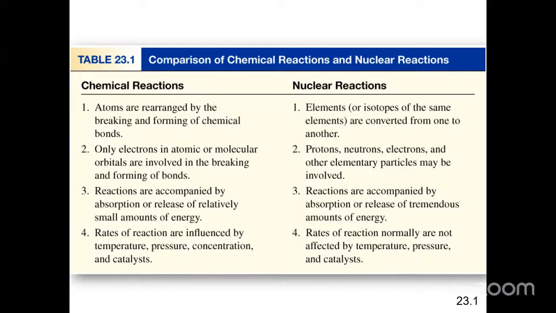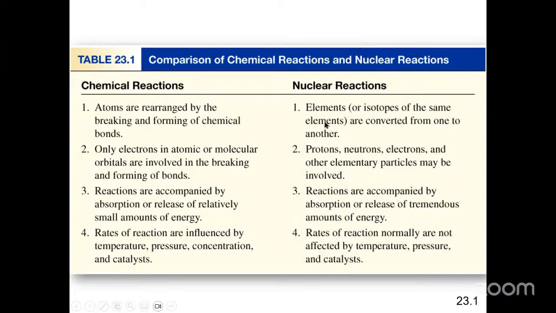I think I mentioned one before, which is that there are changes in the nucleus, right? Which is point number 2 here when you compare the two. But let me start from number 1. In the case of chemical reactions, as we all know, you have bond breaking, bond making, rearrangement, atoms coming apart and then coming back together again to form new products, right?